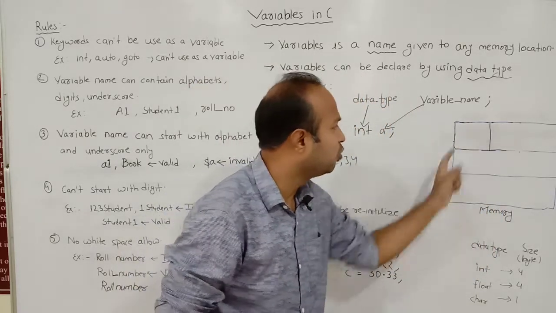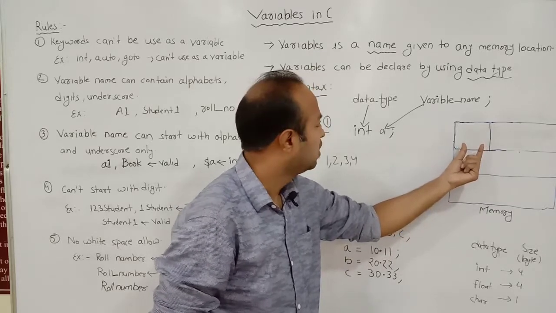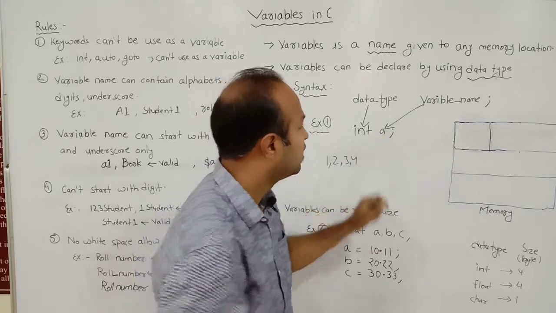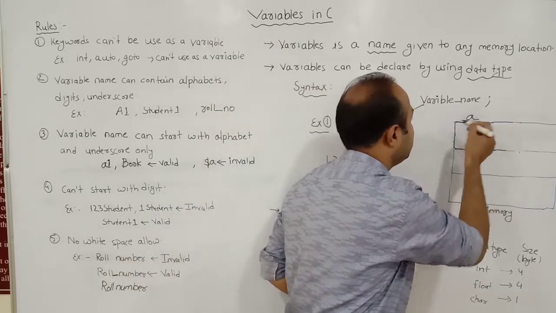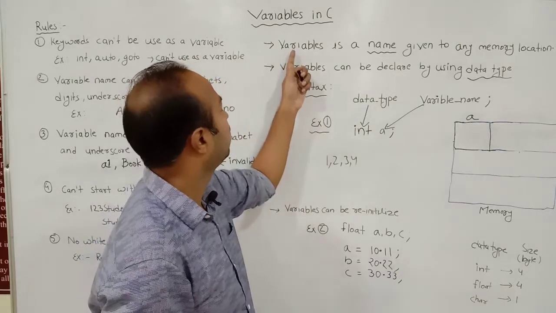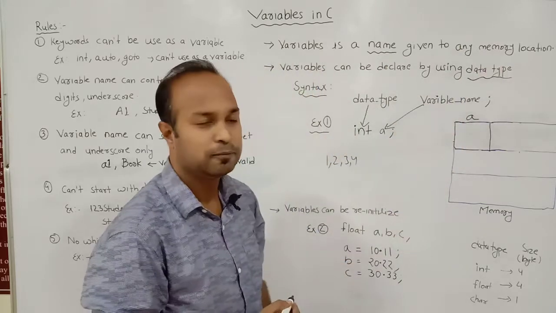Suppose this is our memory, and the name of the memory block will be a. So this is our first point: a variable is a name given to a memory location.